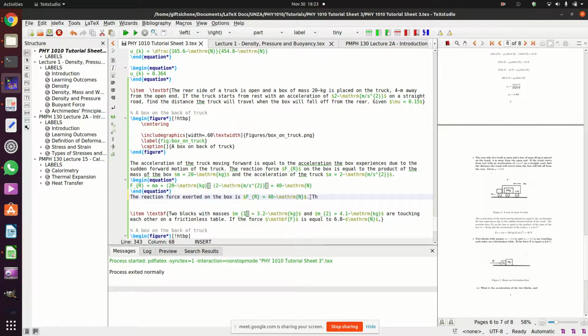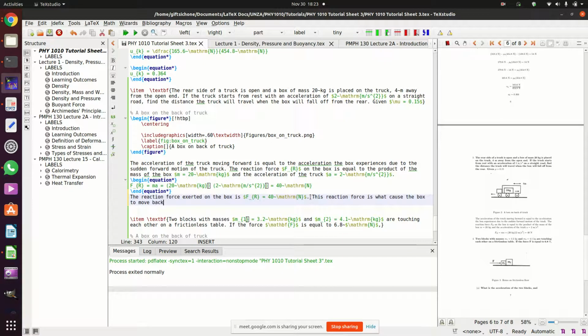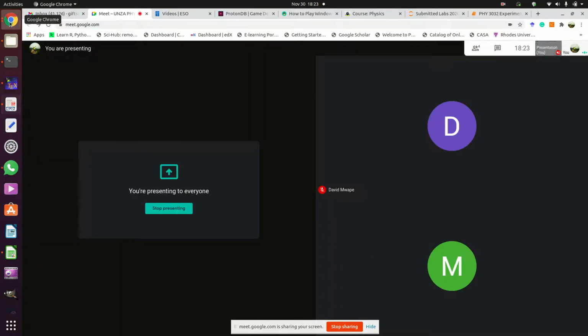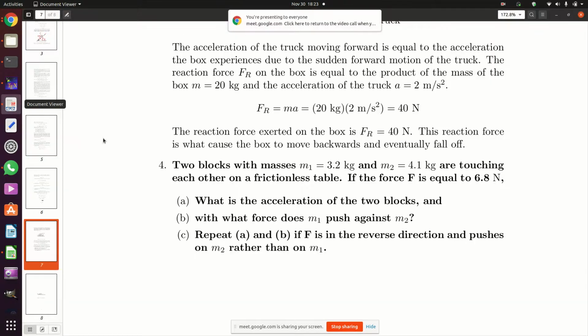This reaction force is what causes the box to move backwards and eventually fall off. Okay, are we clear there? Before we move on, yes.